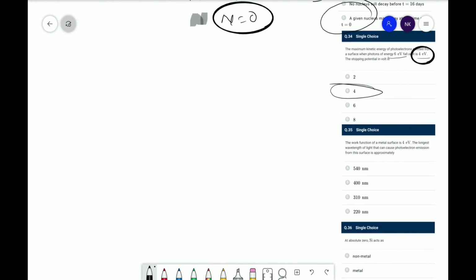Now moving toward the next question: the work function of a metal surface is 4 electron volt. The longest wavelength of light that can cause photoelectron emission from this surface is approximately. Here we can say that E is equal to hc upon lambda, and the work function E means phi. Therefore phi is equal to hc upon lambda, and the value of phi is given as 4 electron volt, which means 4 into 1.6 into 10 to the power minus 19 joule.